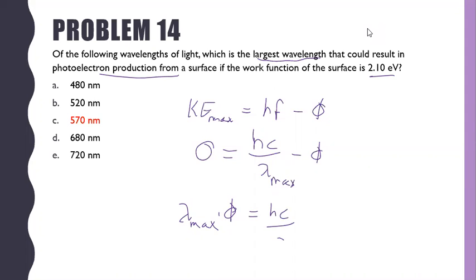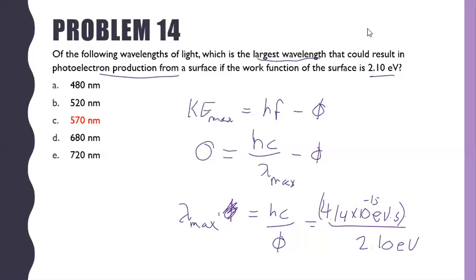So I have the wavelength if I solve this. Well, since I have the work function in eV, I'm going to use Planck's constant in eV. That's 4.14 times 10 to the negative 15 eV times seconds. And then I get to multiply that by 3 times 10 to the 8 meters per second.